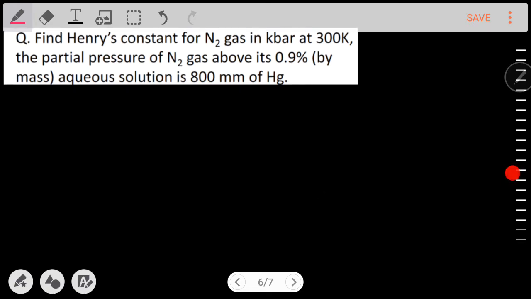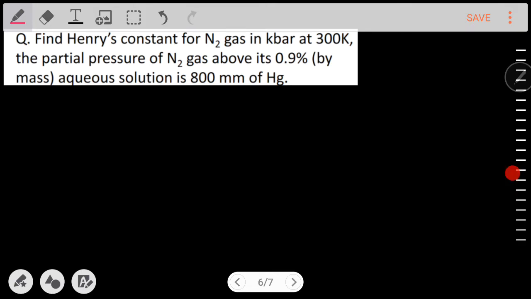And another thing, X gas is not given. In place of that, mass percentage is given. You have to extract information from the mass percentage. So let us see how you will do this numerical. First of all, I will convert P gas into kilobar unit.